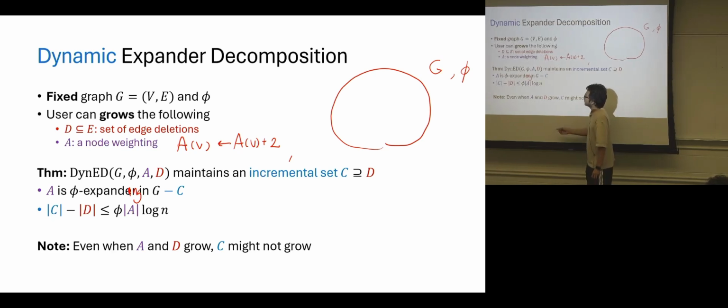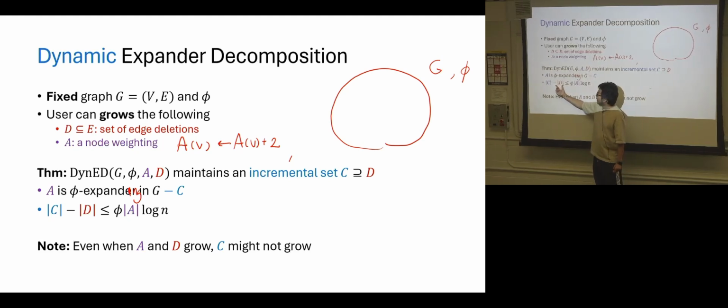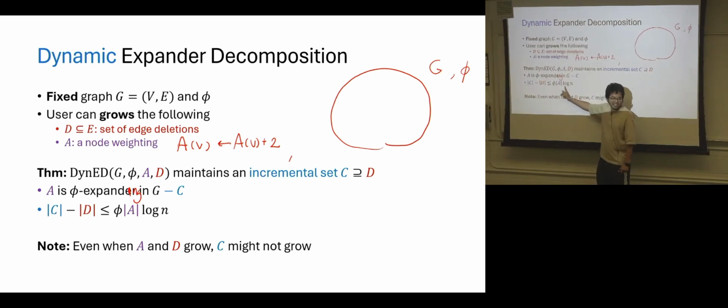Because D could be really big. So D actually could be much bigger than this thing.